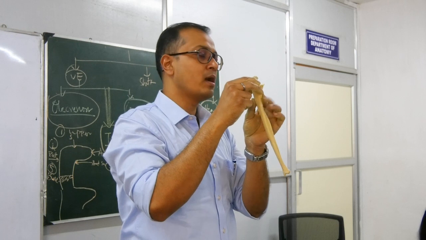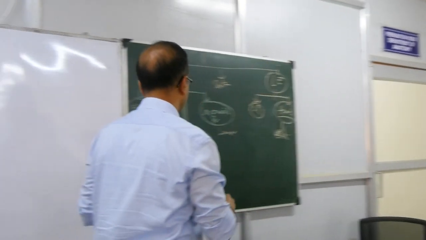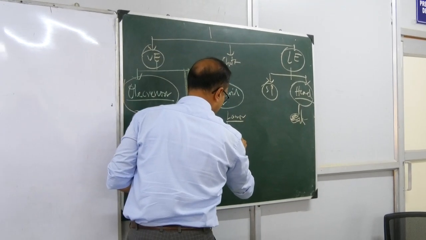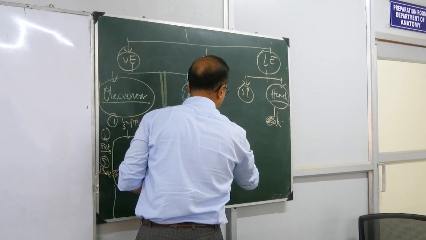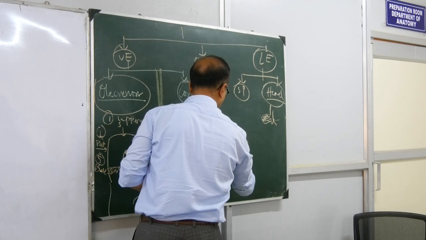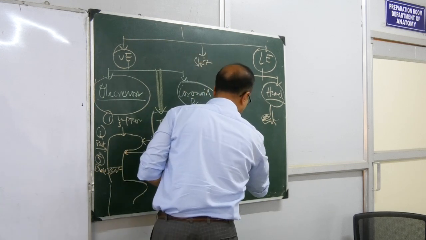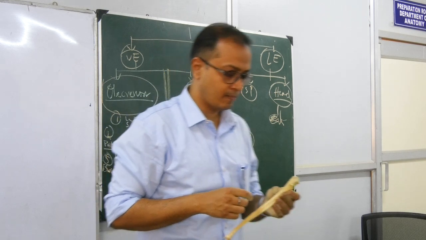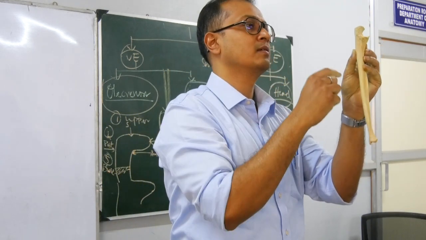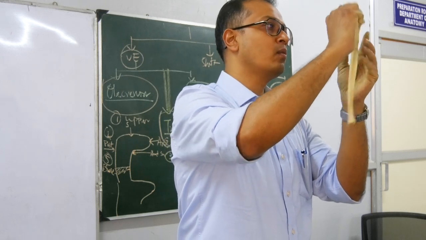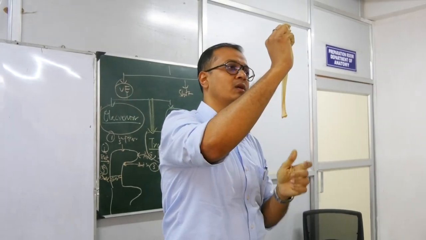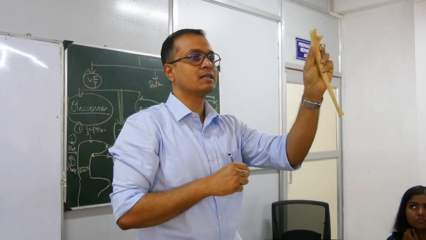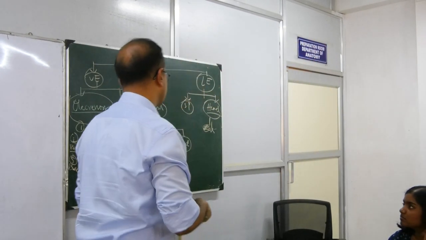Now the coronoid process, the lower projection, has an anterior surface facing forward, a superior surface facing the trochlear notch, and a lateral surface with a notch.